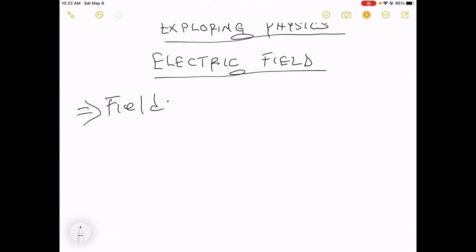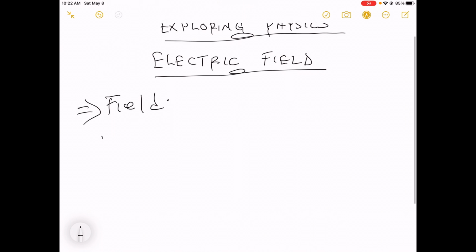Now, in an electric field, what happens? We have charges, we have electricity, all working together. All these happen in an electric field.